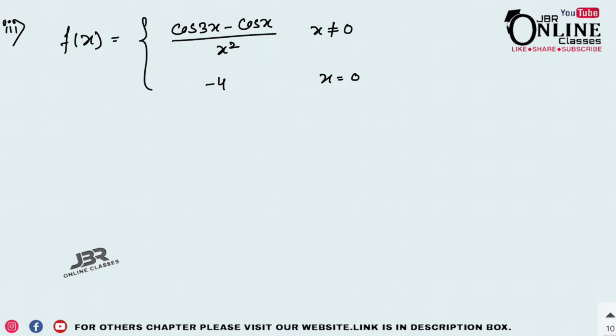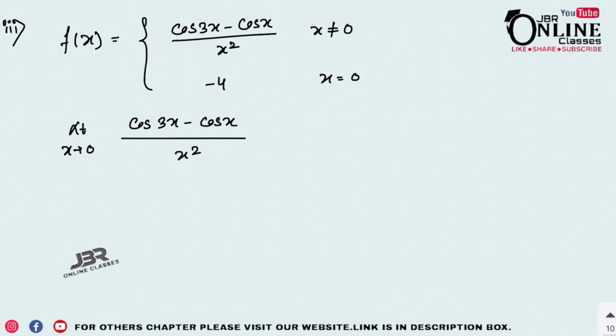Okay, so as here for f(0), that will equal to minus 4. So now limit x tends to 0, here cos 3x minus cos x by x square. Okay, cos 3x minus cos x by x square.